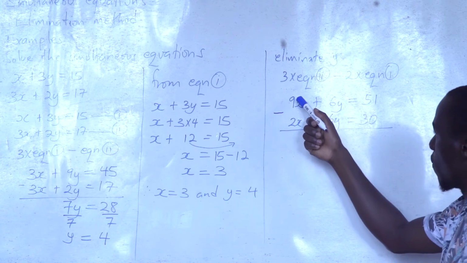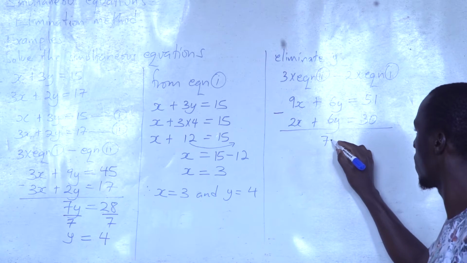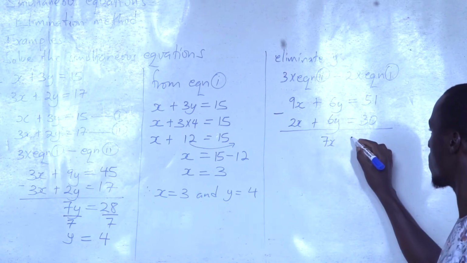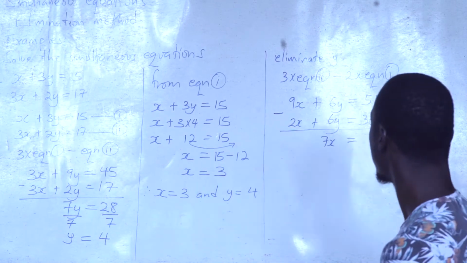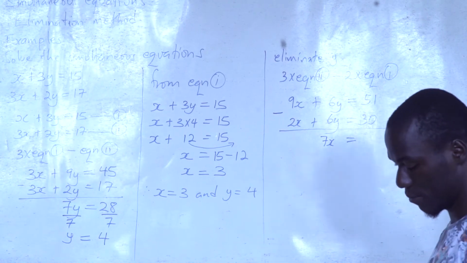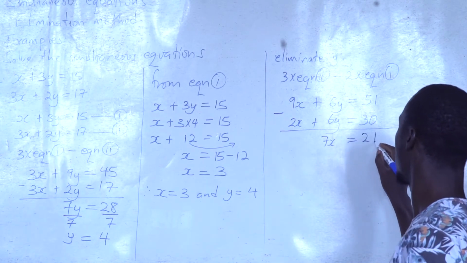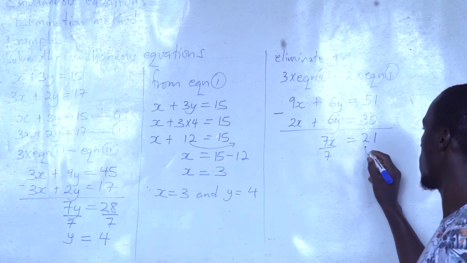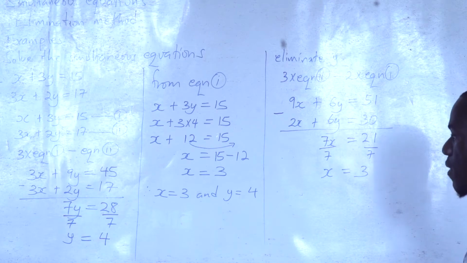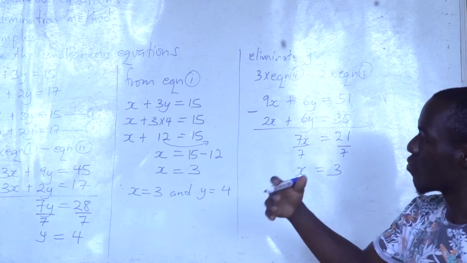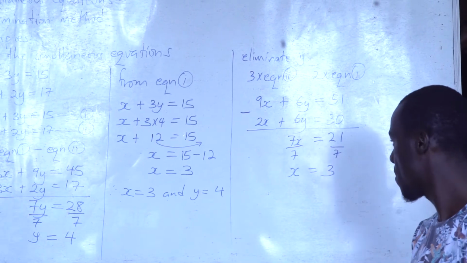So when I subtract here, I'll be having 7x is equivalent to, that one there is going to give us 0y. So my 51 minus the 30, that is a 21. Then I divide both sides by 7 to get my x value as a 3. Then I can use equation 1 or equation 2 to get the corresponding value of y.